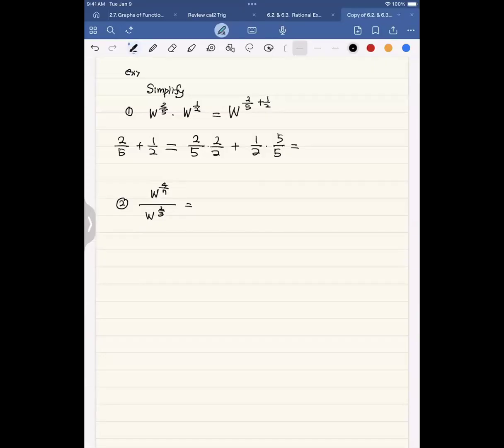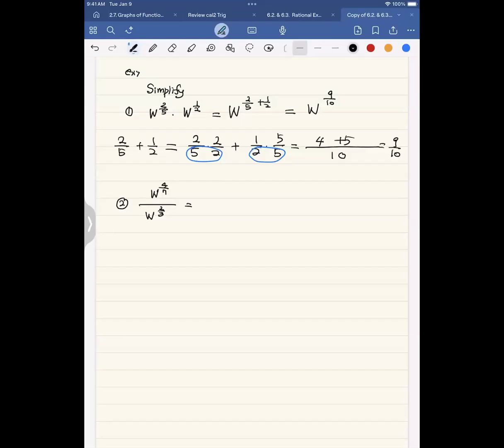By doing so, we make the denominator 10 for both fractions. So the fraction becomes over 10 and 4 plus 5. So that's 9 over 10. So we can write that's w to the 9 over 10 power.